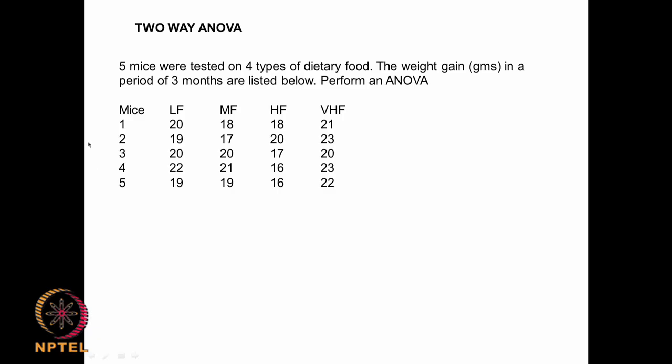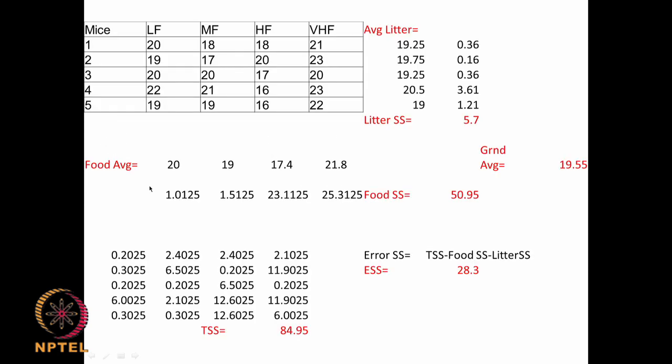So, we could have one based on the type of food, whether it is low fiber, medium fiber, high fiber, or very high fiber, or the other based on the litter from which the mouse has come. Is there going to be a difference in the type of food? Is there going to be a difference in the litter from which the mouse has come? So, we can have 2 different situations, I will call it 2-way ANOVA.